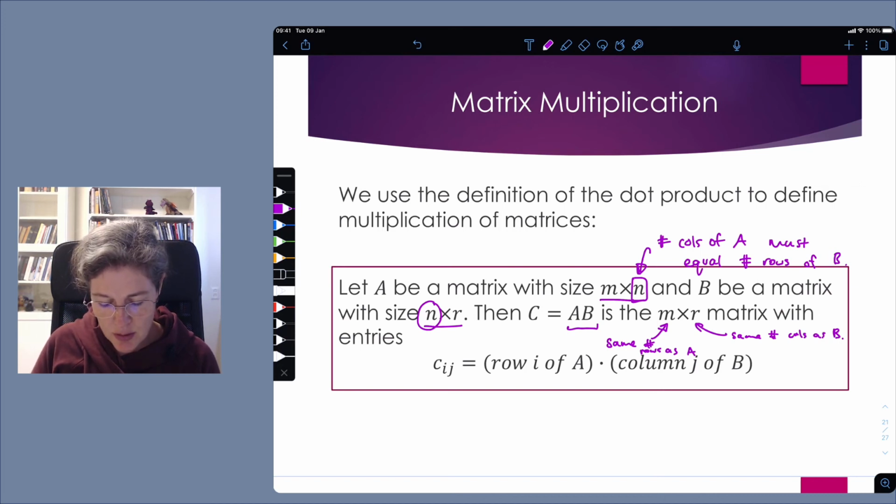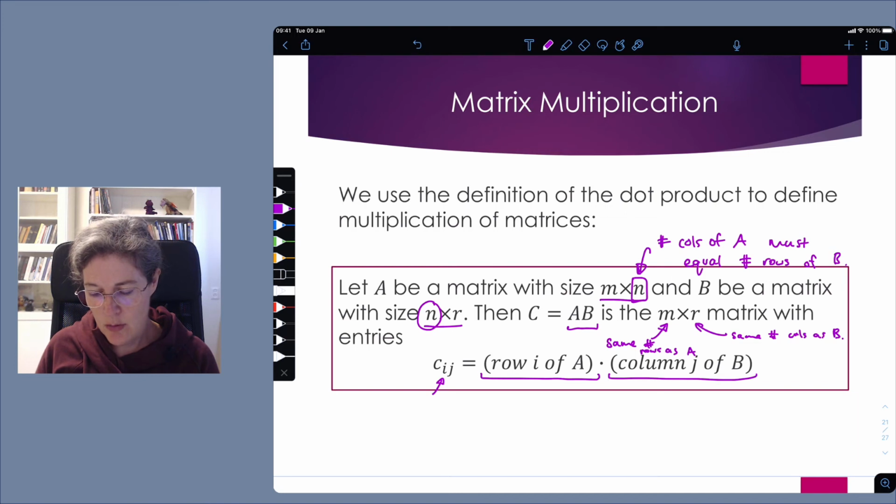Entry Cij, the ith row and jth column, is what you get if you take the dot product of row i of A and column j of B. Sounds weird, so let's look at some examples.